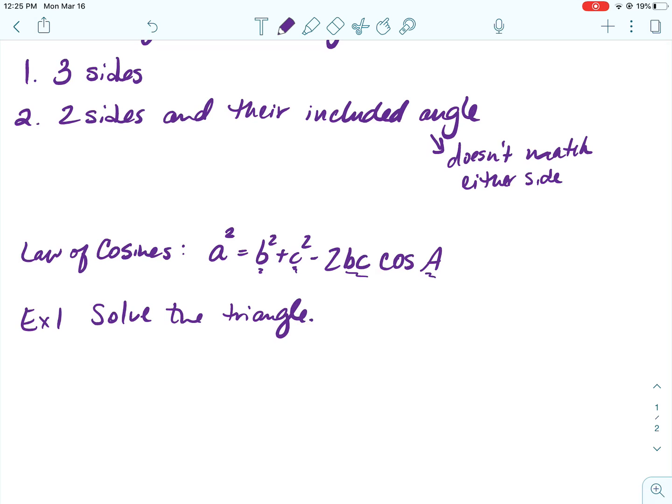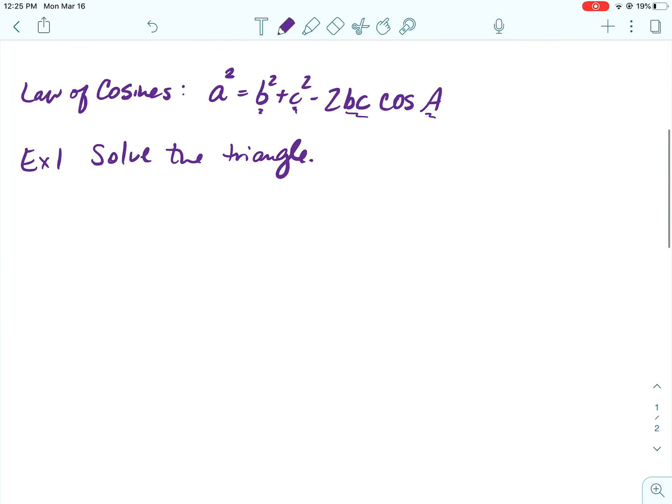So for example 1, we're going to solve the triangle. This is going to take some time. What we're given on example 1: side A is 9, side B is 12, and side C is 14.